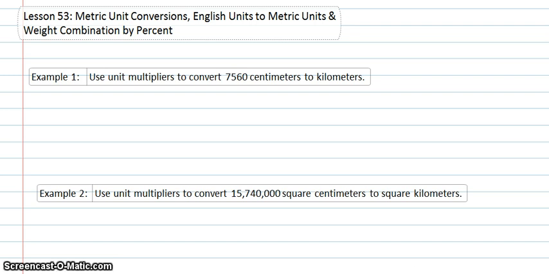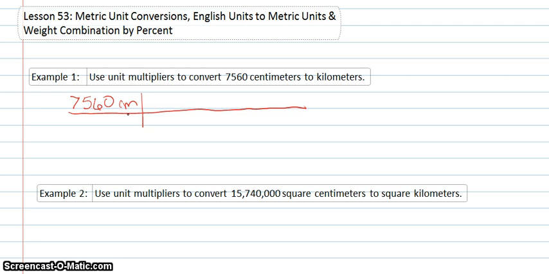On example 1, it says to use unit multipliers to convert 7,560 centimeters to kilometers. What I use is the picket fence method. I start with 7,560 centimeters, going to kilometers.